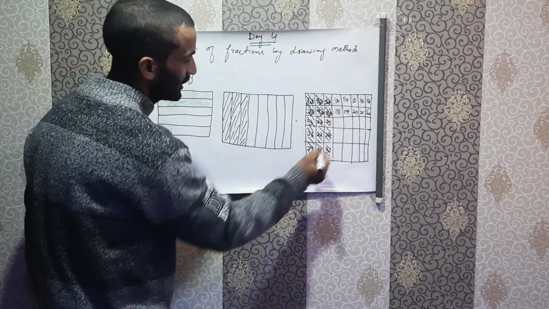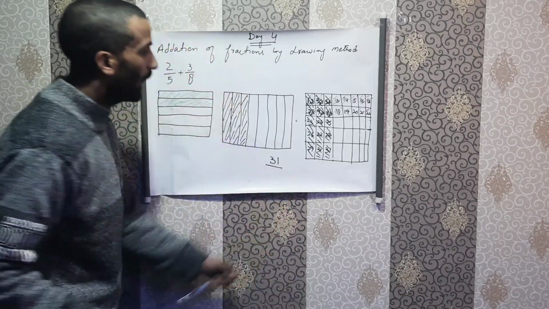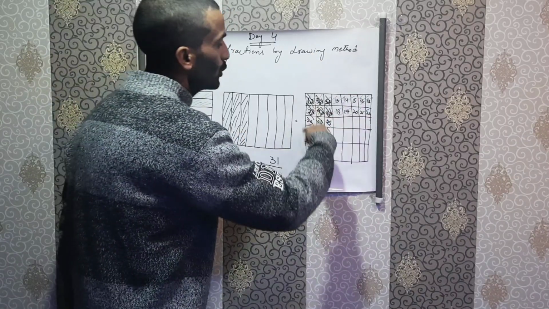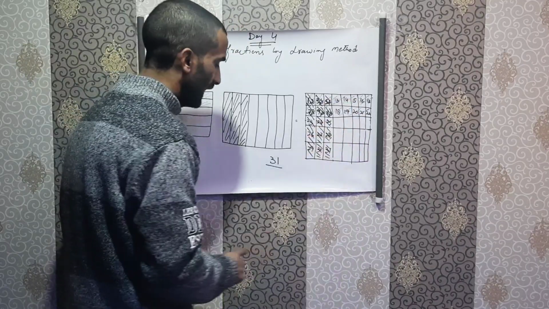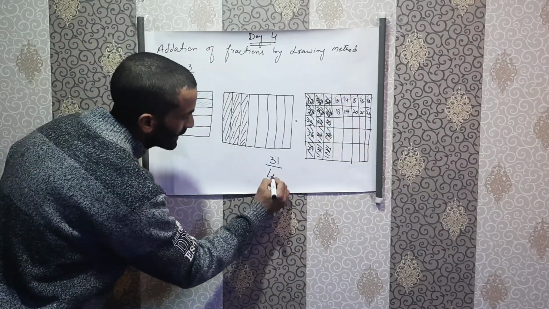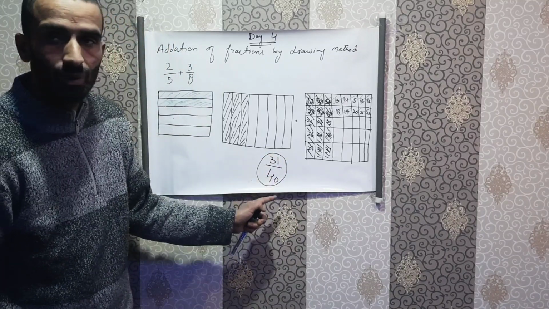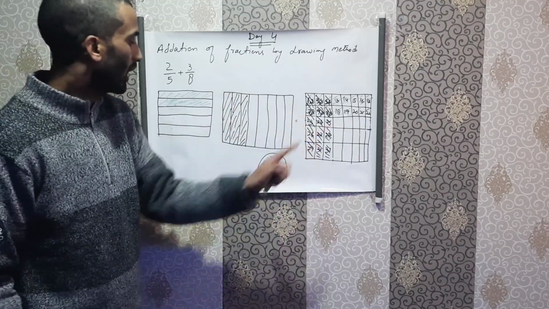How many parts are shaded now? 31. Out of the total number of parts in this rectangle, that is 40. What is our answer? That is 31/40. This is by the drawing method.